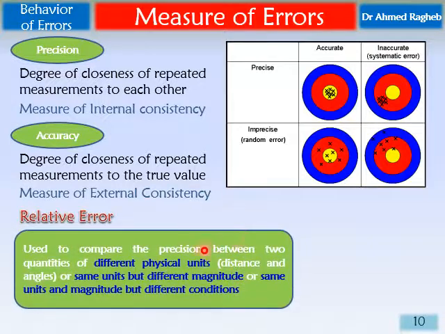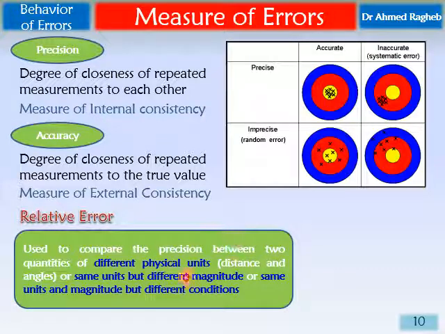The relative error is very useful when you're comparing the precision between two quantities of different physical units. If you have someone who measured a distance and someone who measured an angle, and this got a standard deviation of the distance and this got a standard deviation of the angle.